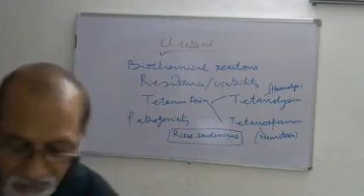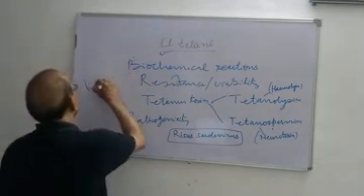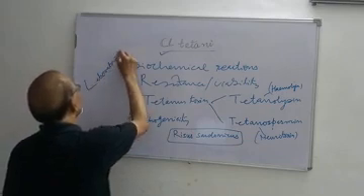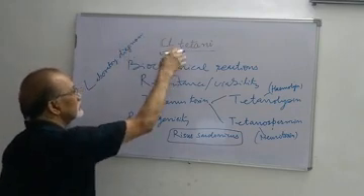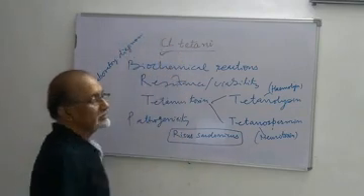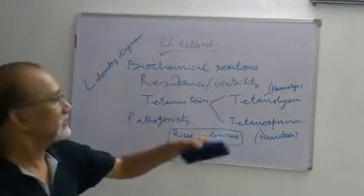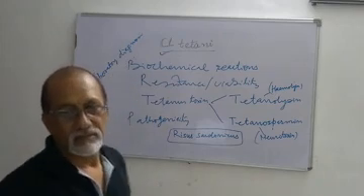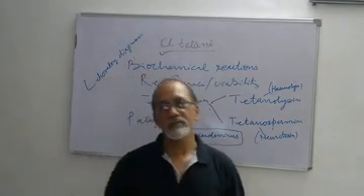Now we will go for the laboratory diagnosis. Each species of bacilli or bacteria we will study under these headings from the exam point of view and from the knowledge point of view.